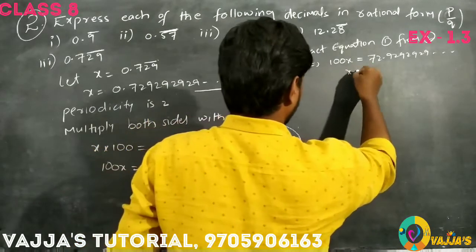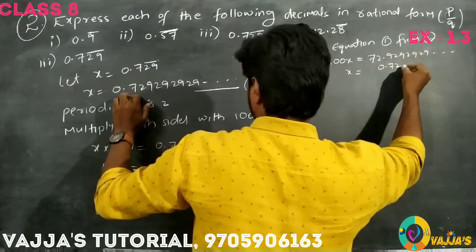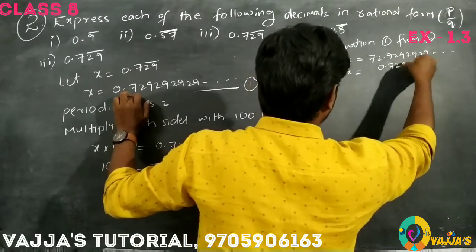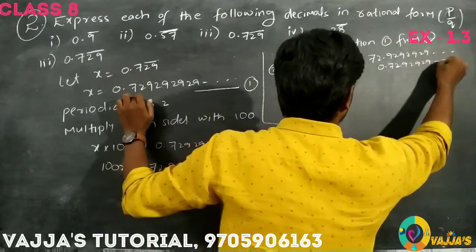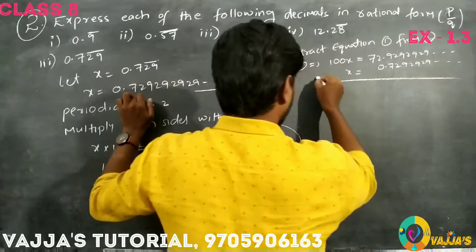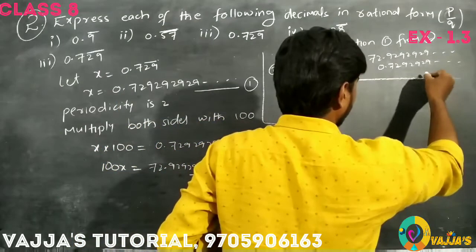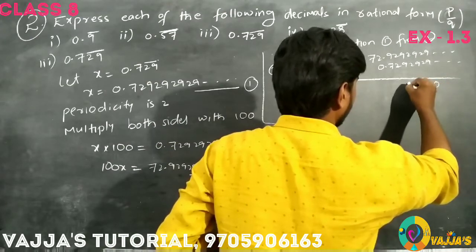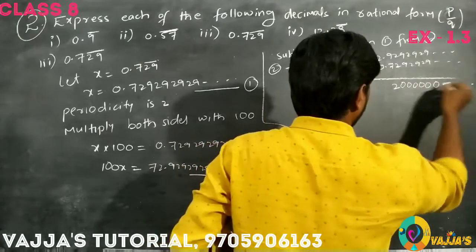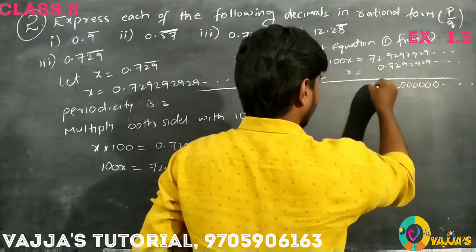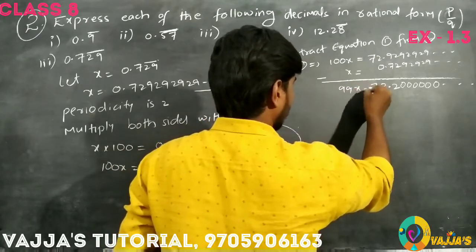And what is equation 1? x is equal to 0.729 and so on. Okay, so here we are going to subtract, so it becomes 0, 0, 0, 0, 0, 0. Here it is 2. 9 minus 2 is 7, and so on as it is, and 72 here. Okay, right. It becomes 99x.